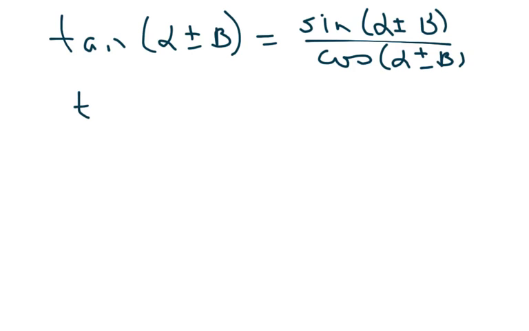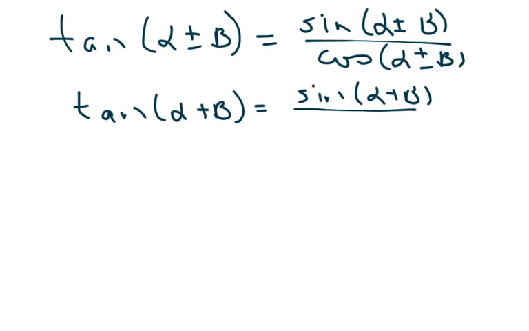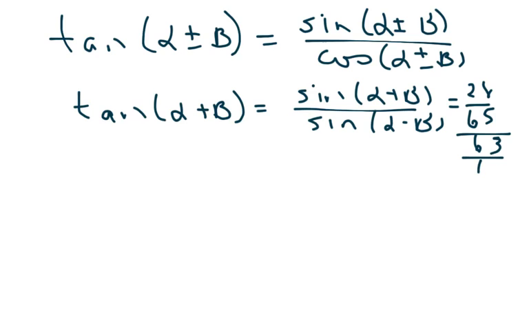So for tan of alpha plus beta, I'm going to use sine of alpha plus beta over cosine of alpha plus beta, and that's going to be 28 over 65 over 63 over 65. And the 65's cancel, so my answer is 28 over 63.